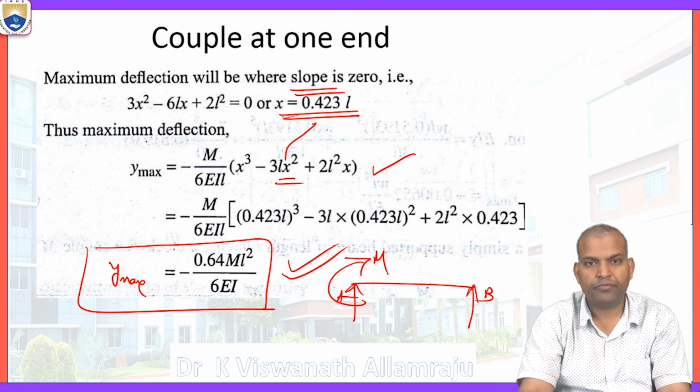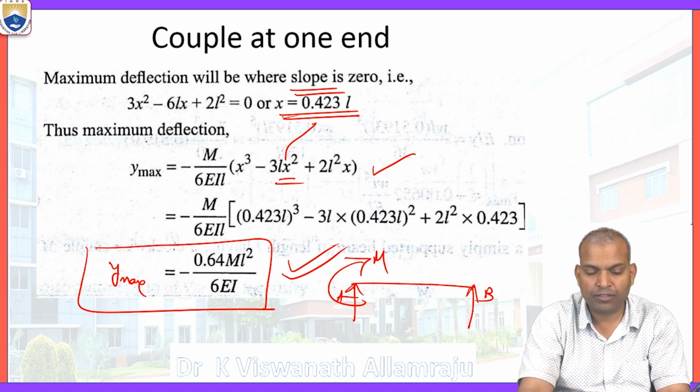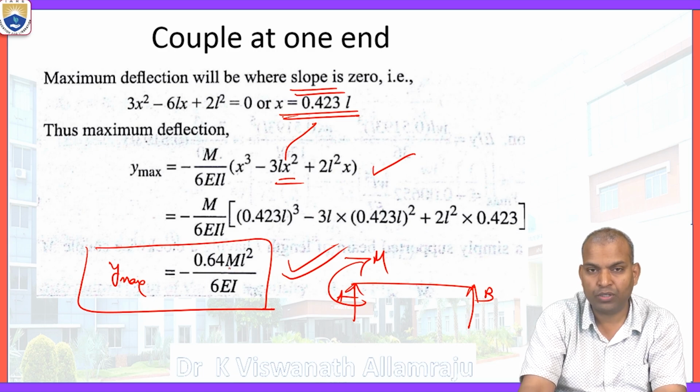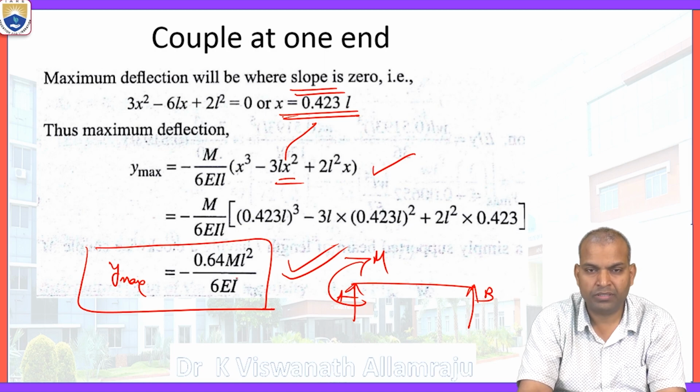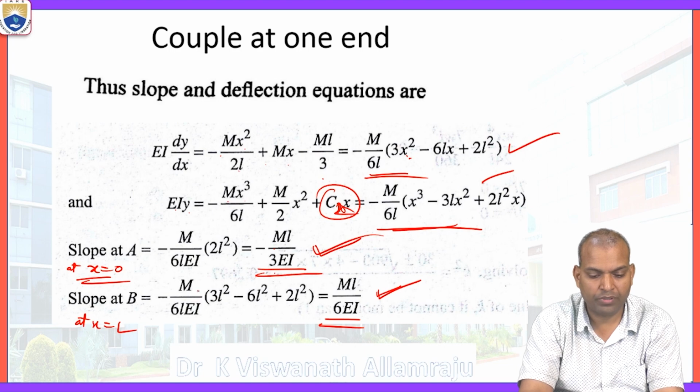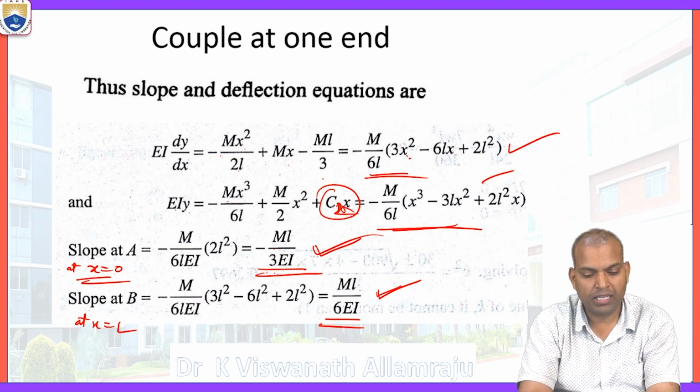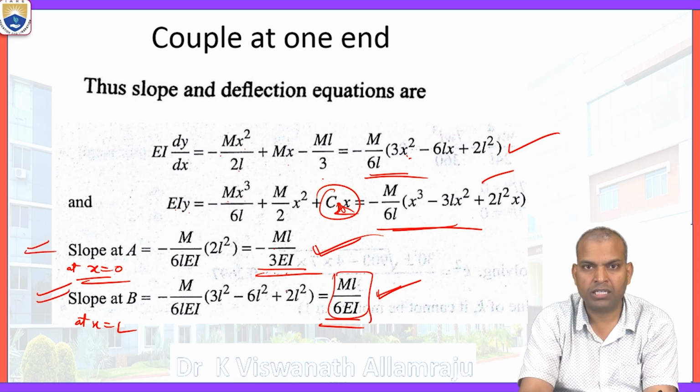Here, if you observe carefully, there is no concentrated load W or UDL, small w, in the equations. The moment m appears here. In the equation of slope at A, it is negative of ml by 3EI. In the case of slope at B, it is ml by 6EI.